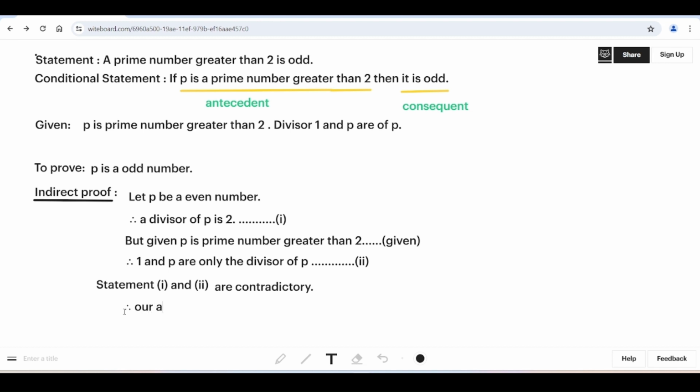Therefore, our assumption that P is not odd is false. And therefore, this proves that a prime number greater than 2 is odd.